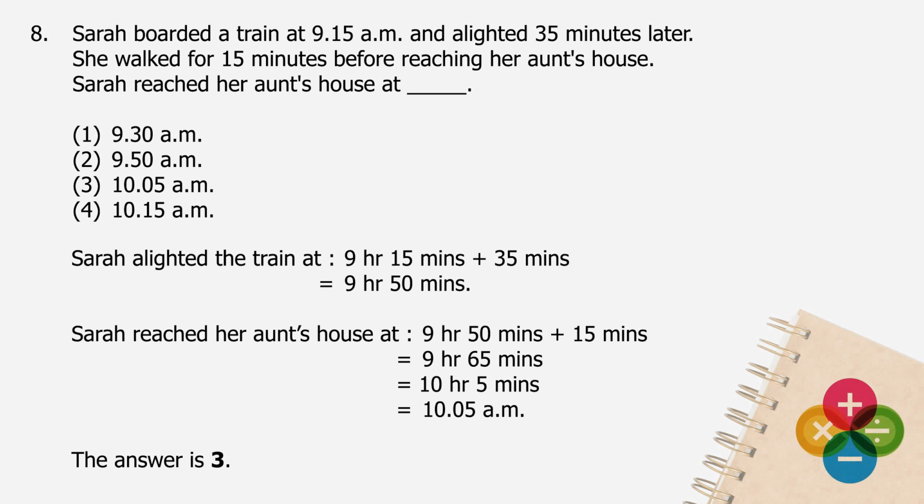The time Sarah alighted the train will be add 9 hours 15 minutes to 35 minutes, and the sum is 9 hours 50 minutes. The time Sarah reached her aunt's house will be add 9 hours 50 minutes to 15 minutes, and the sum is 9 hours 65 minutes, which is equal to 10 hours 5 minutes, which is equal to 10:05 a.m. The answer is 3.